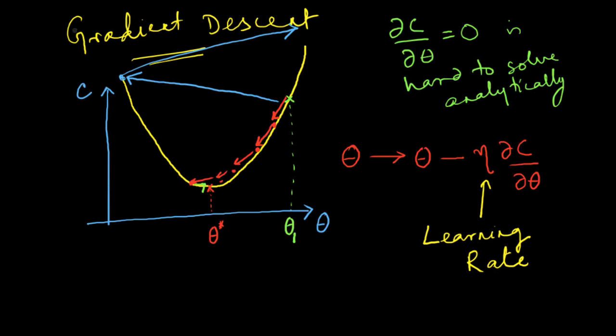But if you choose your eta to be very small, then each step will be very small, and so it will take a very long time for you to reach theta star. So that is why choosing this eta carefully is important. If you choose eta to be large, you will get lost, you will never converge. And if you take eta to be very small, your convergence will be extremely slow. And that's why your eta has to be chosen very carefully.